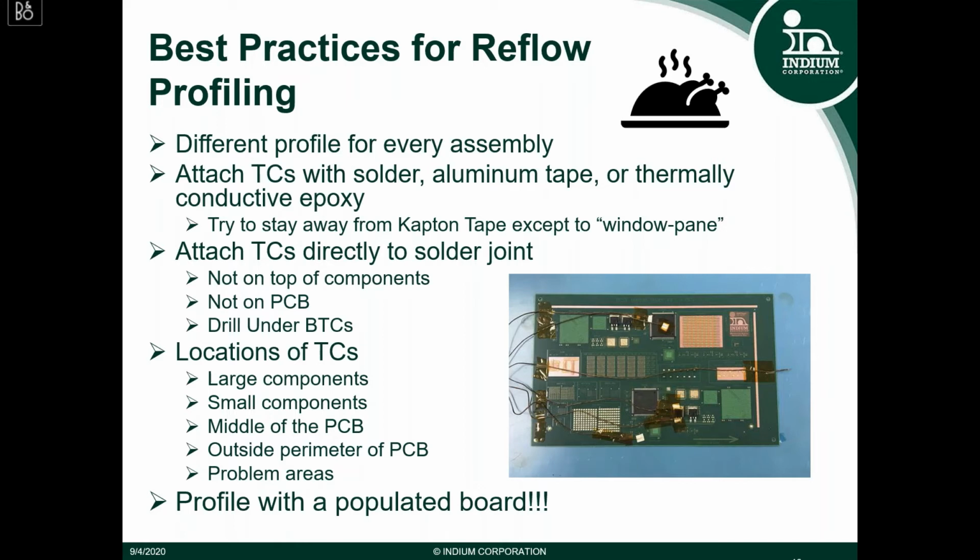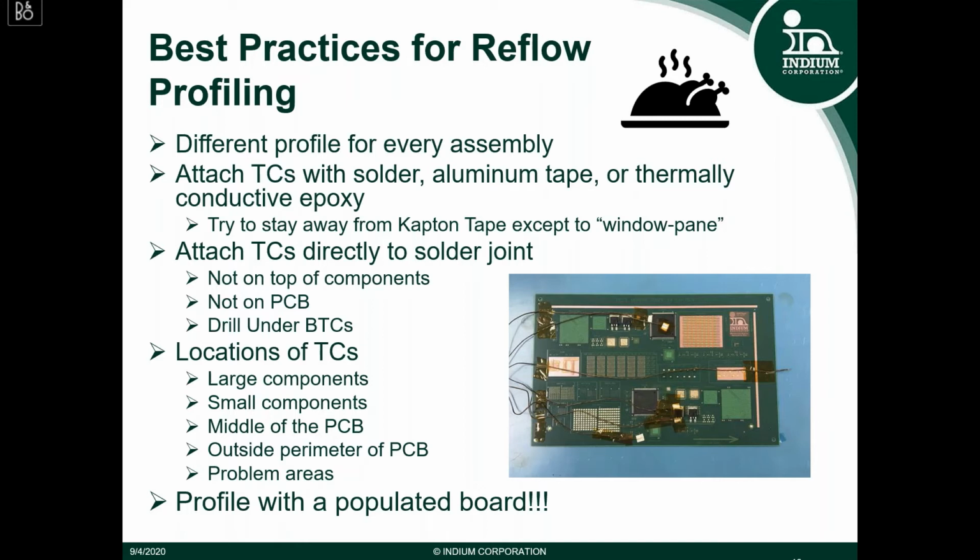For attaching the thermocouples to the assembly, the best practice method is to solder them with a high temperature solder. Whatever your attachment method is, you want it to be thermally conductive so that the temperature readings are more accurate.